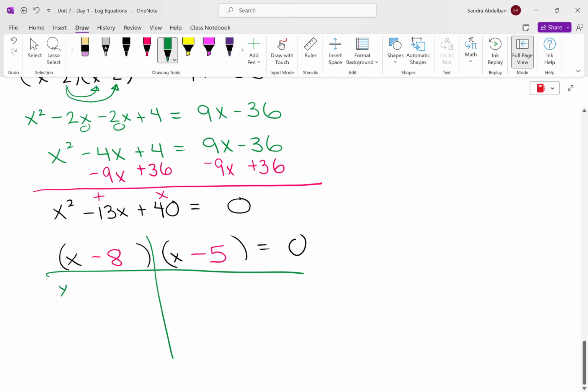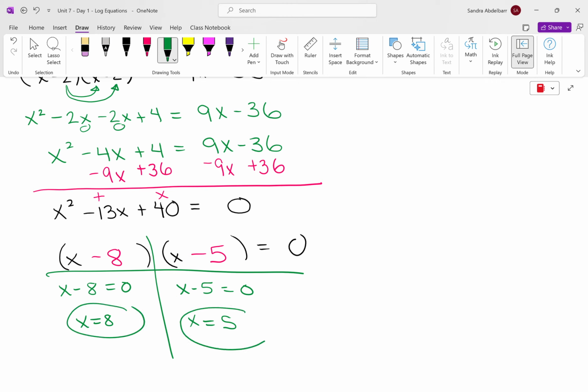Not yet. What do I have to do? Set them equal to 0 and solve. So x minus 8 equals 0, x minus 5 equals 0, x equals 8, x equals 5. I will tell you neither of these make the argument negative, so we are able to stop here. We have two answers for x.